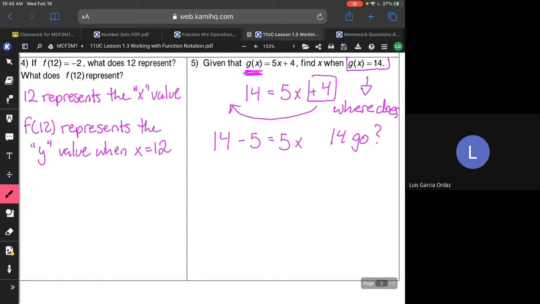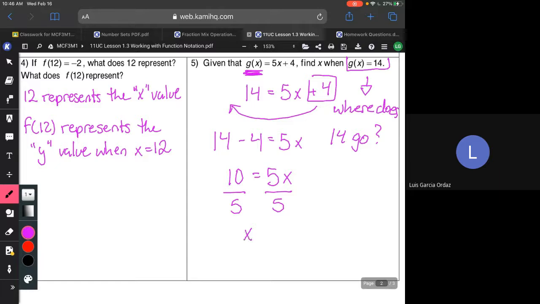I'm seeing too many numbers today. So 10 is equal to 5x. Now to leave x by itself, what do I divide both sides by, Jade? Thank you. Which means x is equal to 2. So therefore, g of x is equal to 14 when x is 2.